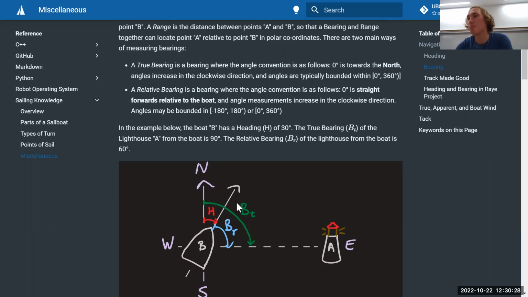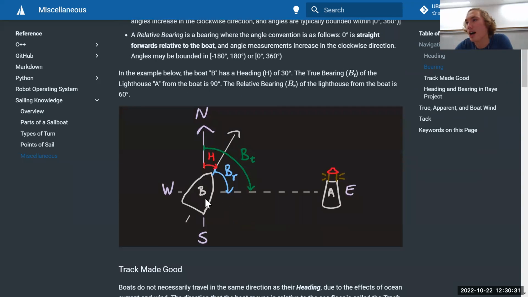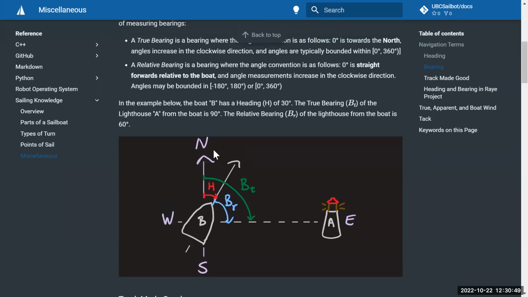So if the boat's pointing southeast, that would be this way, so I think the bearing would be like 200 or 300 degrees or something like that. You could also say it's negative 30 degrees if you wanted, which is equivalent. The normal convention is you bound the bearings in 0 to 360, but either would mean the same thing.